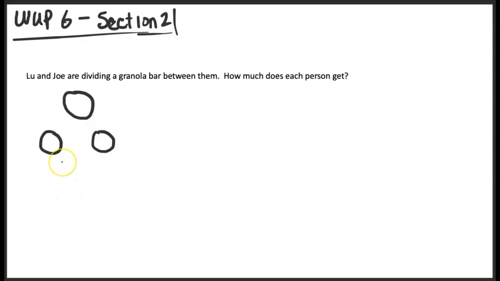And assuming that they're all being nice to each other, the one granola bar is going to be divided so that Lou gets 1/2, and Joe gets 1/2, right? So how much does each person get? Each person gets 1/2 of the granola bar because it's equally divided between the two, okay?